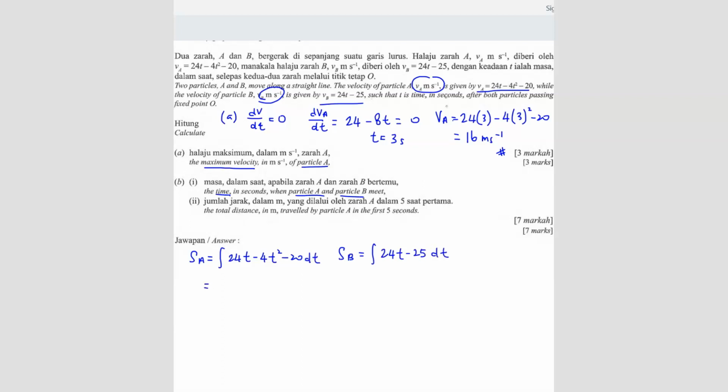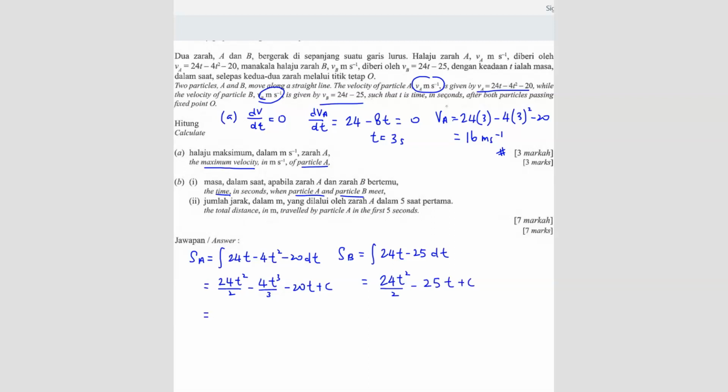So here you should get 24t square over 2 minus 4t cubed over 3 minus 20t plus c. And then the second one here will be 24t square over 2 minus 25t plus c.